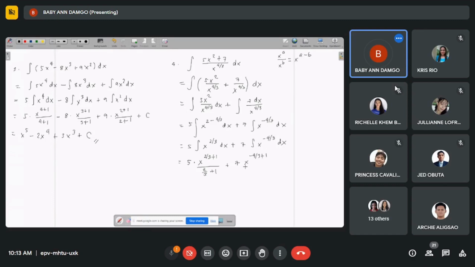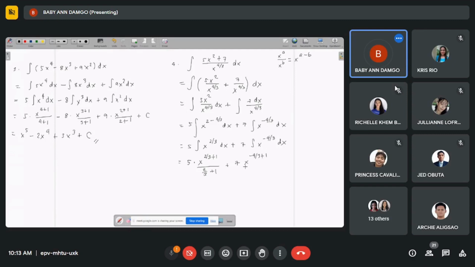Okay? So simplify, we have 5x to the power of 2 thirds plus 1. This is just 5 over 3. The 1 can be converted to 3 over 3, so it is 2 plus 3 over 3, which is equal to 5 over 3. Okay?